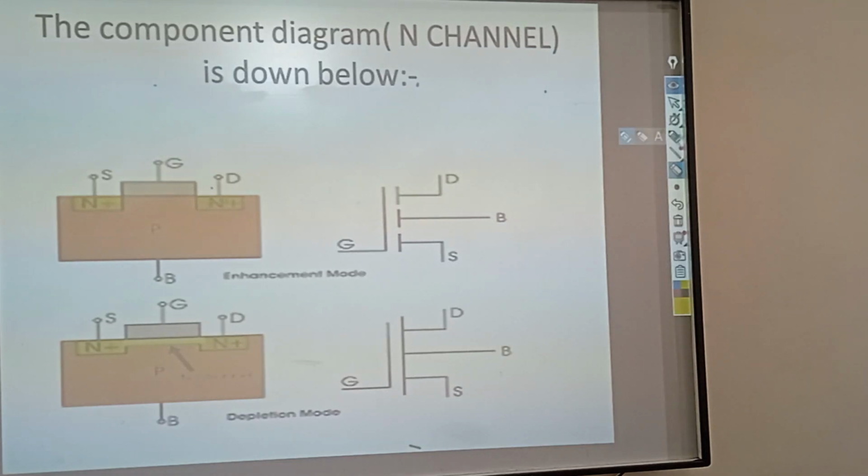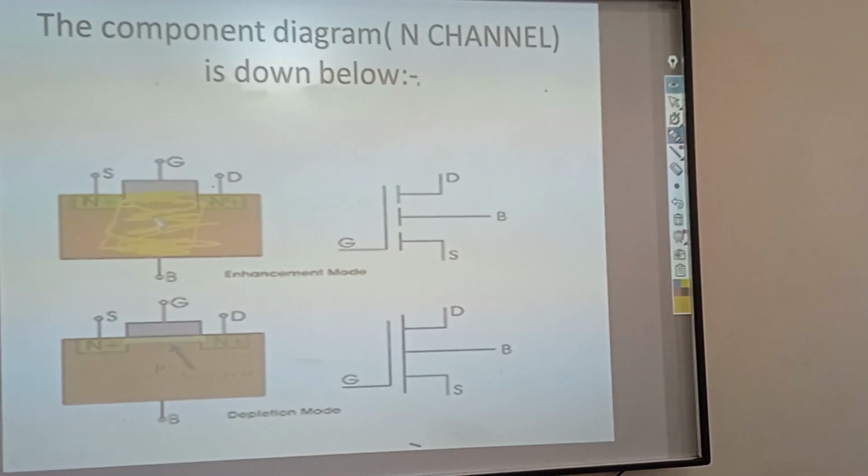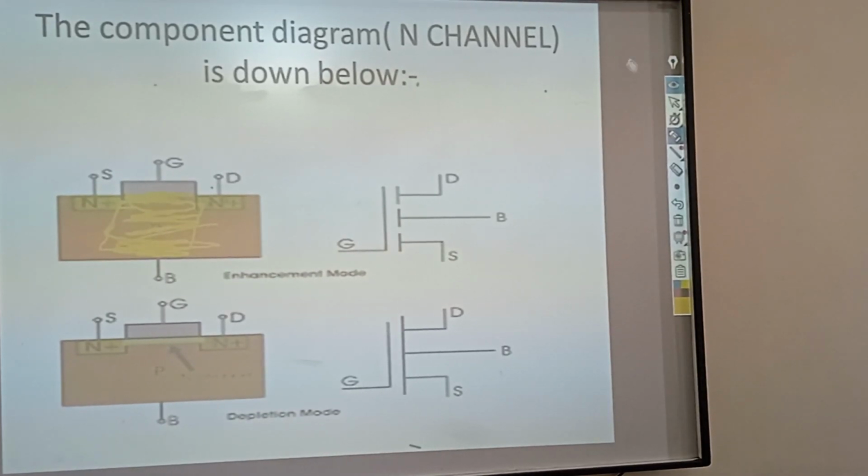So it makes a big path. The more the current, the bigger the path will be. And by this path, if it reaches till here, it starts letting the electrons move.